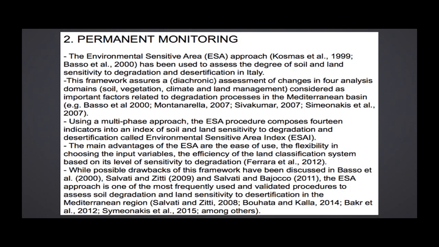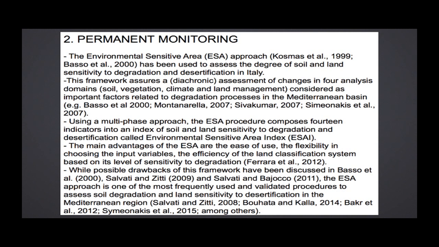The second point is giving you some information about my activity in permanent monitoring. I don't want to dwell on these issues. We have plenty of indicators, of composite indicators about land vulnerability to degradation and desertification, so I don't want to add an additional indicator. I just want to show you how to change from a linear thinking approach, using for example one very well-known indicator of land vulnerability to degradation, and move to a complex thinking.